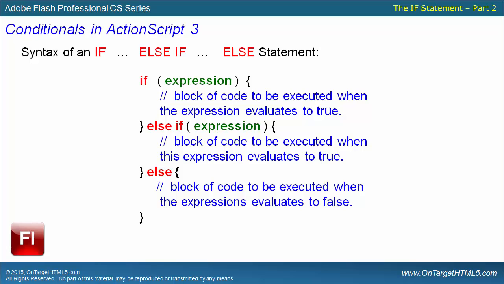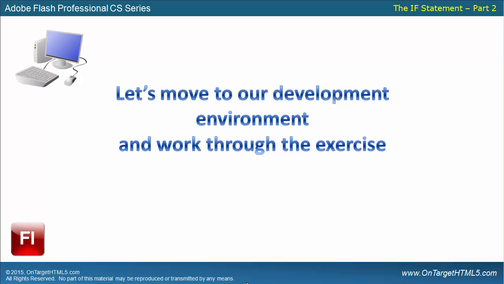So we can have nested else if statements with multiple expressions, and how they evaluate determines which block of code executes. We also have another way of doing this called the switch statement, which we'll look at in a future tutorial. So let's go into our development environment and work through some exercises that reiterate what we've learned on the if and else statements in ActionScript 3.